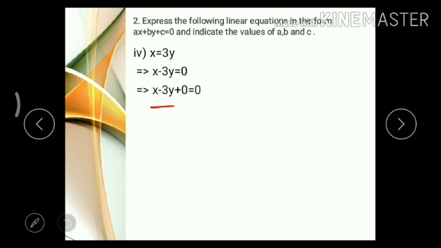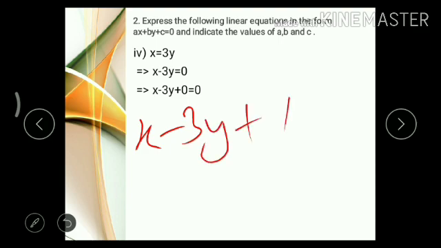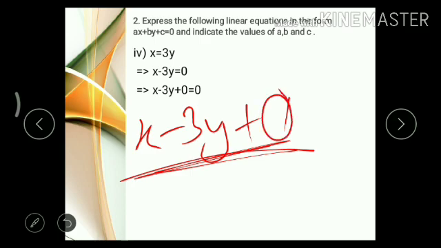Now we have to check, is this changing the value? No, right? It is not changing the value. We cannot write x minus 3y plus 1. 1 we cannot add because it will change the whole equation. But you can write 0 because it will not change anything in this equation. So after writing this, now we can easily compare with the standard equation.